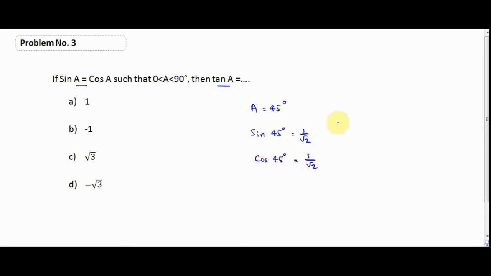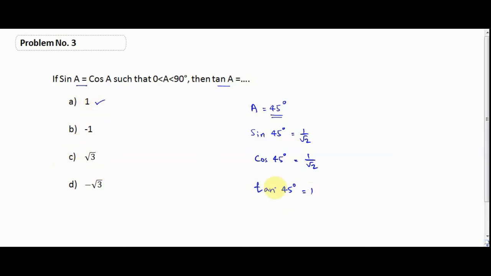So it is 45 degree which satisfies this condition, sin A equal to cos A in the interval 0 degree to 90 degree. So here tan 45 degree is equal to 1. So here the right answer is given by option A, 1.